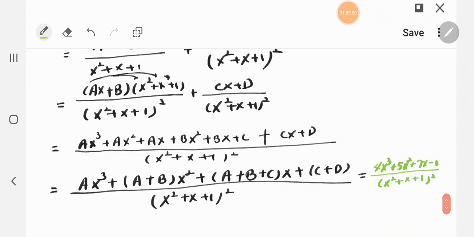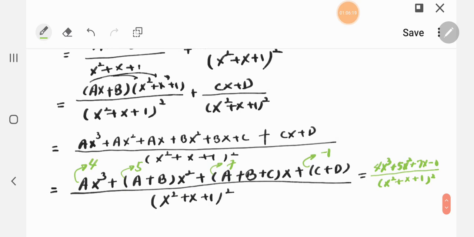This is the numerator in the original function. So using this, the coefficient of x cubed, which is a, should be equal to 4. The coefficient of x squared, which is a plus b, is equal to 5. The coefficient of x, which is a plus b plus c, should be equal to 7. And the constant should be equal to negative 1.